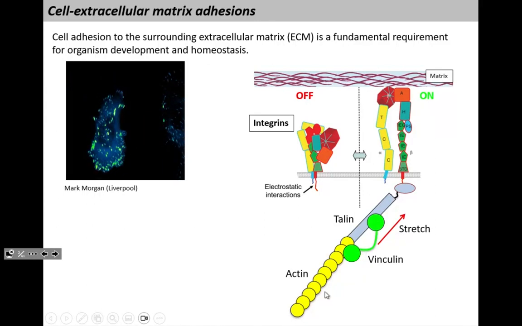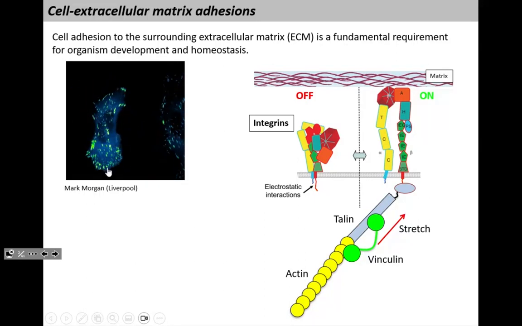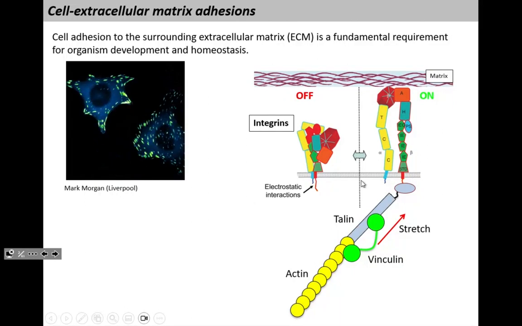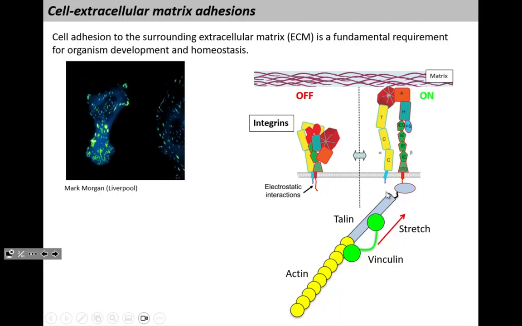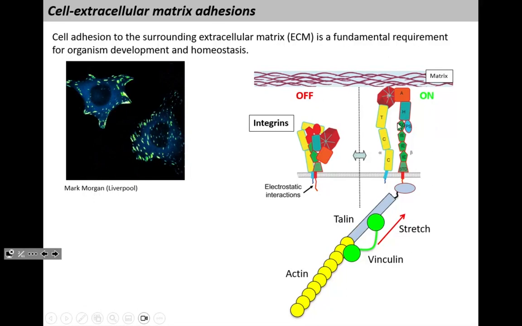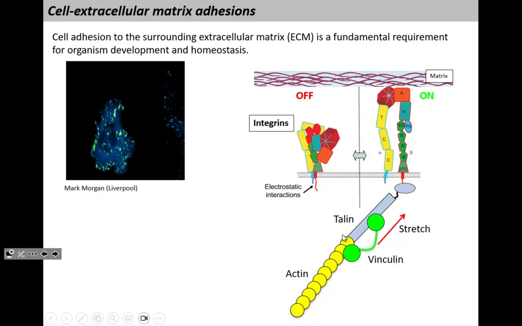Vinculin is shown in green here, and it's also the molecule which is fluorescently tagged here. This is when vinculin binds. And Talin is also perfectly positioned to sense forces from both outside of the cell via the matrix and the integrin complexes, but also via the force generation machinery.